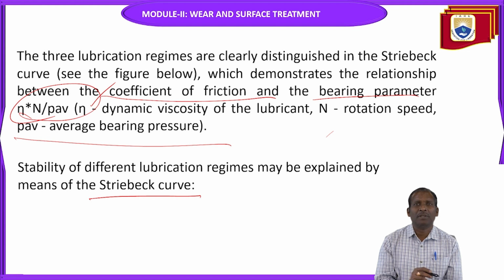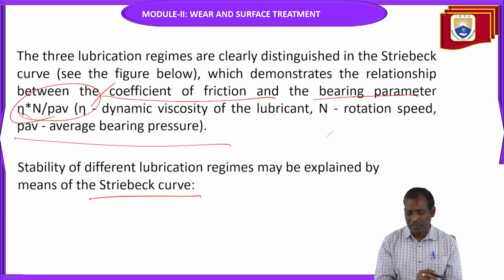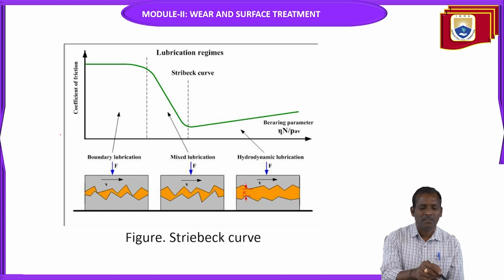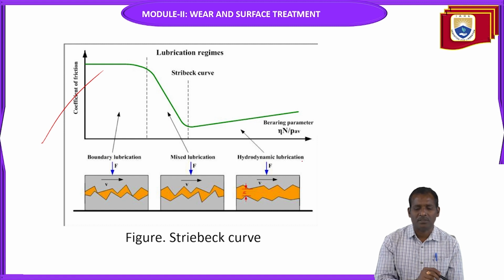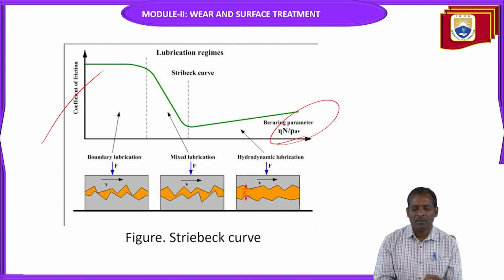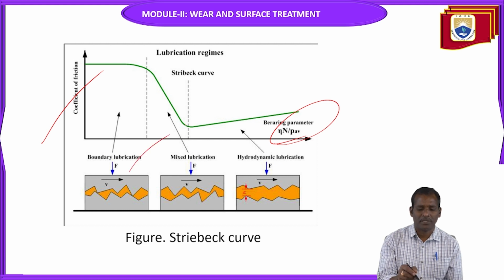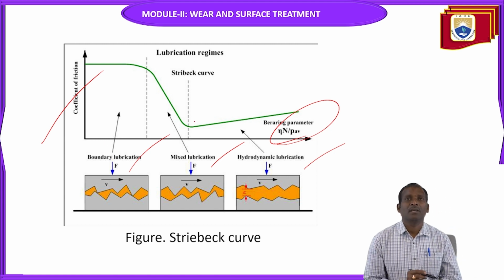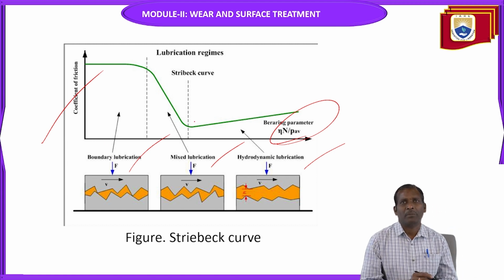The stability of different lubrication regimes may be explained by means of the Stribeck curve. This curve represents the coefficient of friction versus the bearing parameter. The bearing parameter is eta n by p. Here, different types of lubrication are shown: boundary lubrication, mixed lubrication, and hydrodynamic lubrication. This shows how the coefficient of friction varies with the value of the bearing parameter.